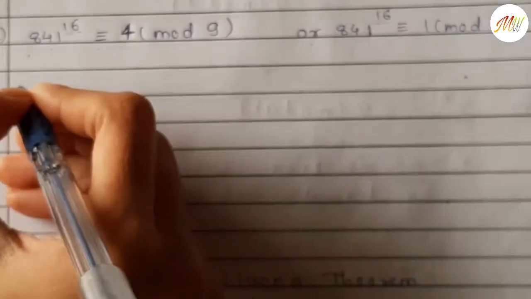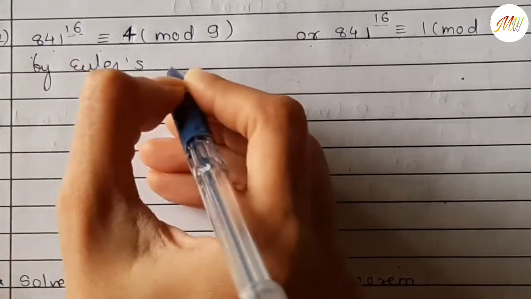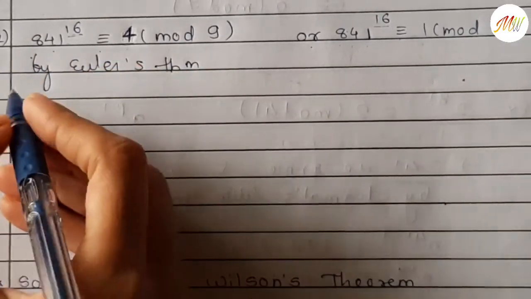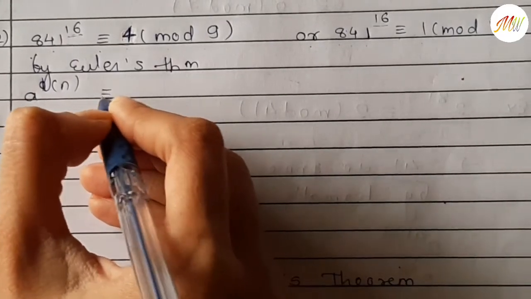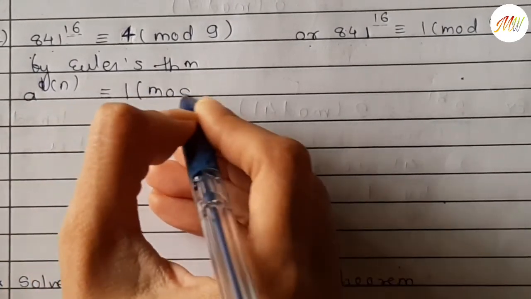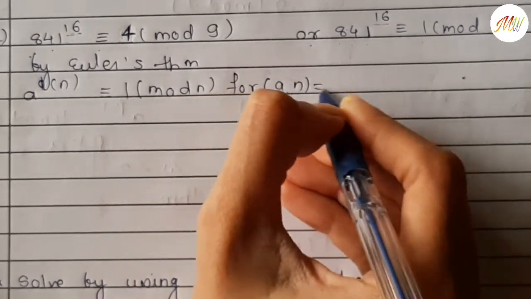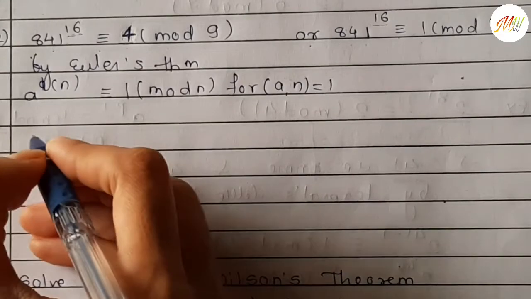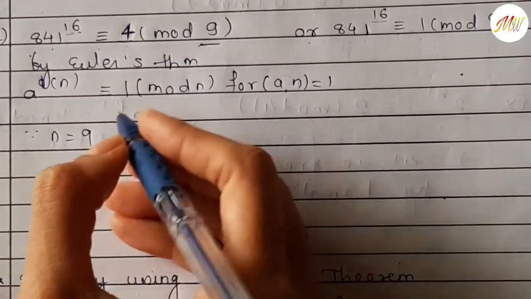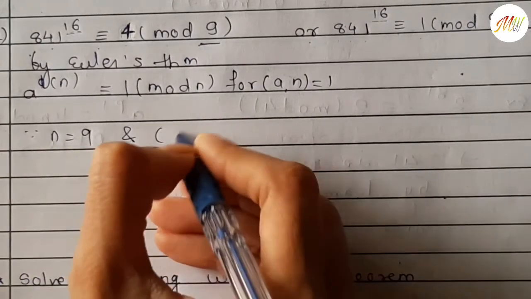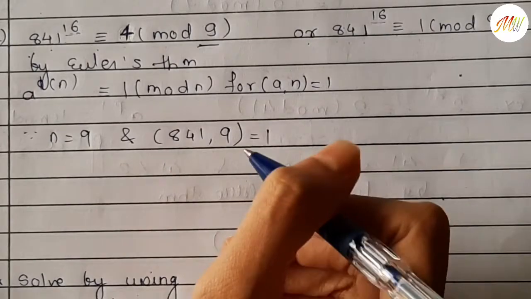Okay, so similarly, by Euler's theorem, a to the power phi n is congruent to 1 mod n for gcd of a and n equal to 1. Okay, since here n is 9, so we write n is equal to 9 and gcd of 841 and 9 is equal to 1.